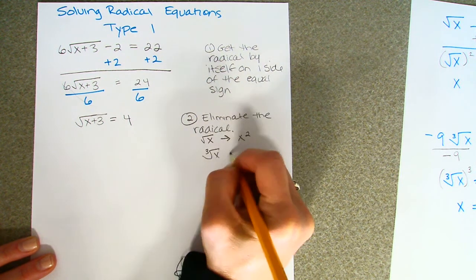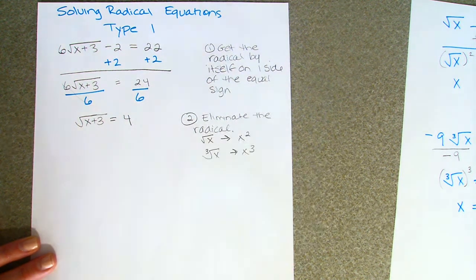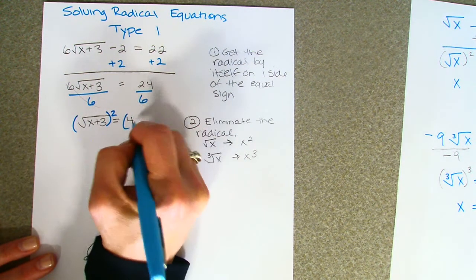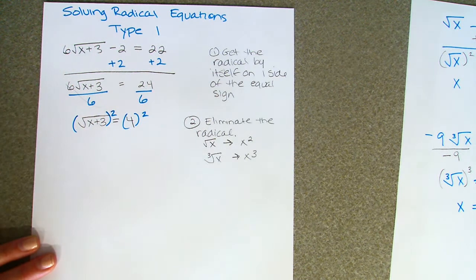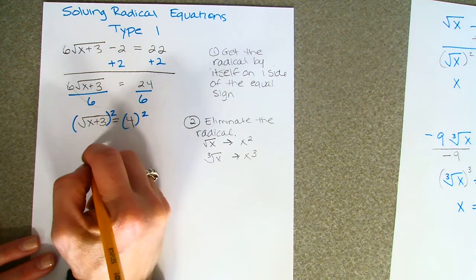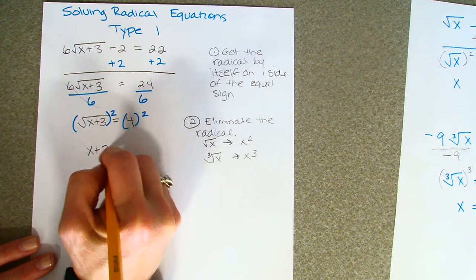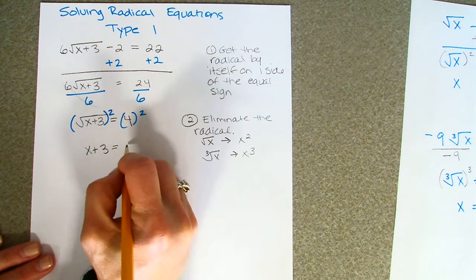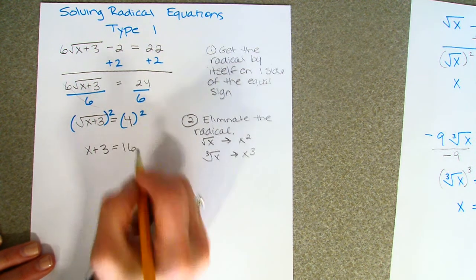If we had a cube root of x, we would cube it. Well, in this case, we have the square root of x. So that means we are going to square both sides of the equal sign. On the left side, we are left with x plus 3. And on the right side, we have 4 squared, that is 16.